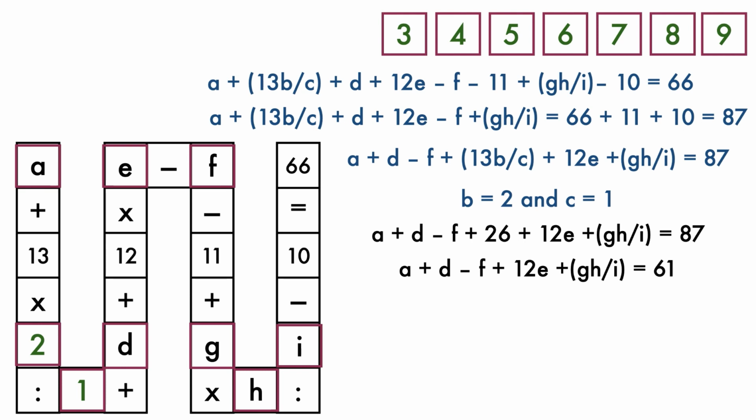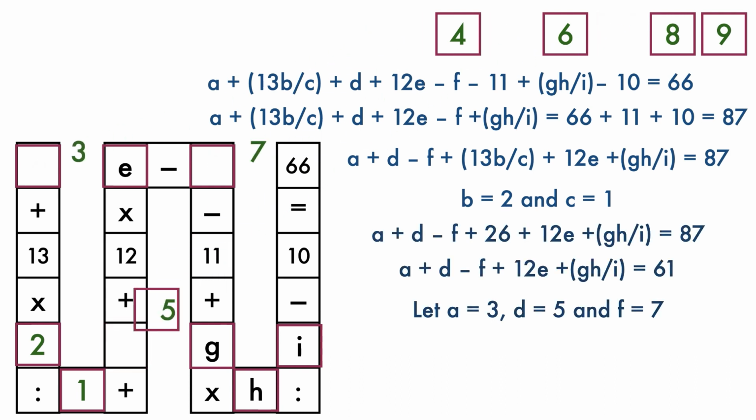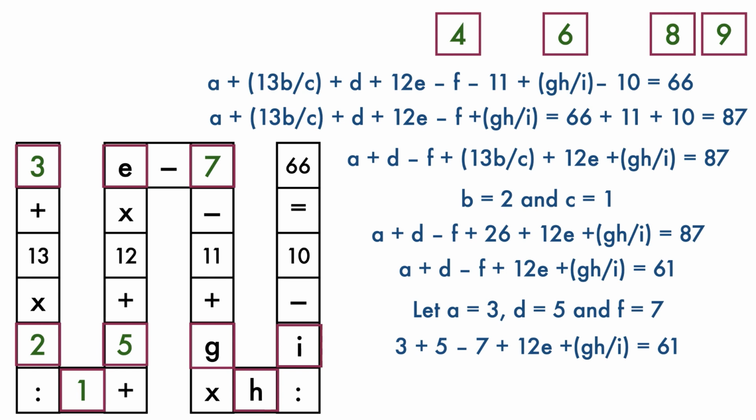The numbers remaining are the digits from 3 to 9. They include the prime numbers 3, 5 and 7. Let's get rid of them ASAP so they don't complicate the other terms. Let's put A equals 3, D equals 5 and F equals 7, which leaves us with 3 plus 5 minus 7 plus 12E plus GH over I, which is equal to 61, or 12E plus GH over I equals 60.